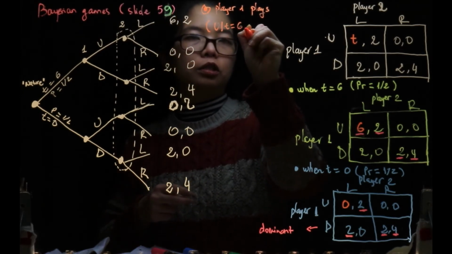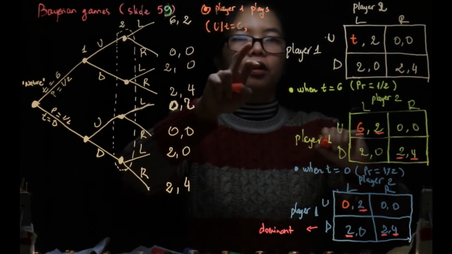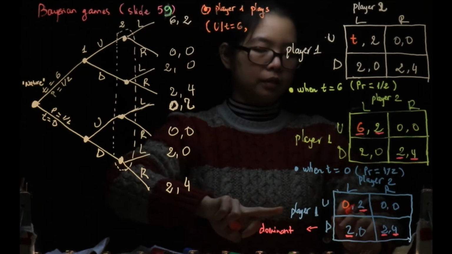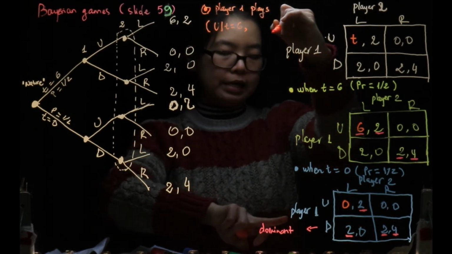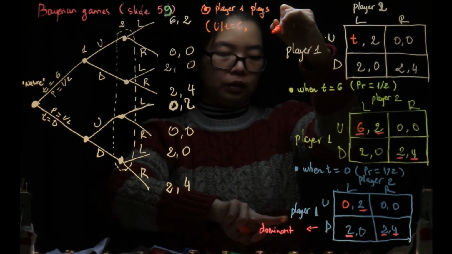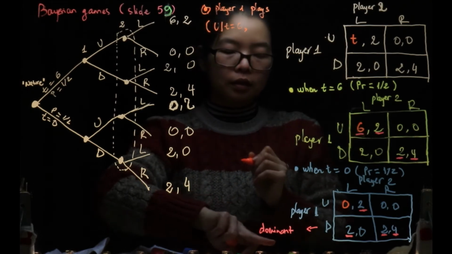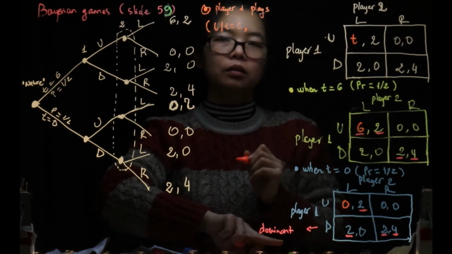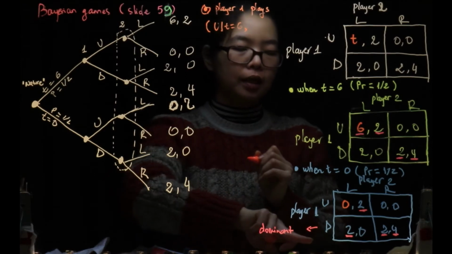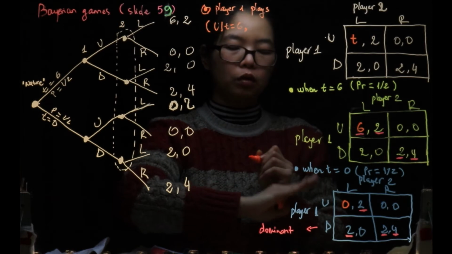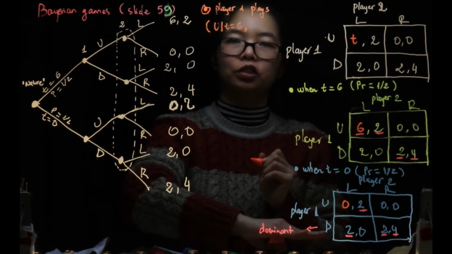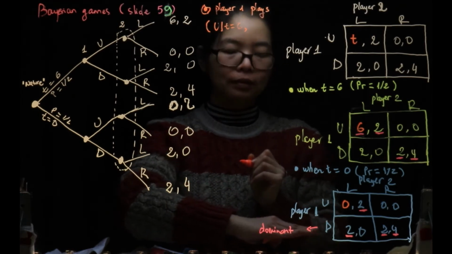And because it's conditional, it must have another scenario when t equals 0. So what when t equals 0? Remember that player 1 has a dominant strategy when t equals 0. So no matter what, he would always play this dominant strategy if he's rational, right?